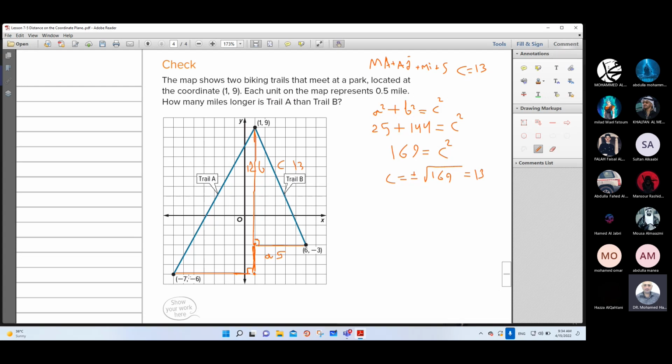We have here 1, 2, 3, 4, 5, 6, 7. And suppose this is A. And from this point to this point, we have 12, continue 13, 14, 15. So B equals 15. Now I want from all of you to find C. Start with this.